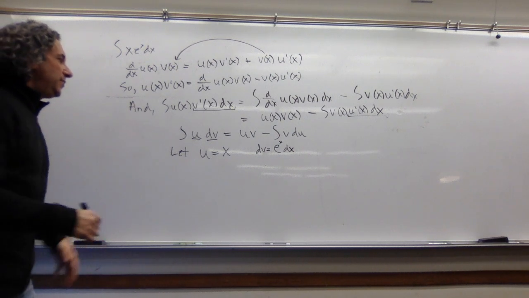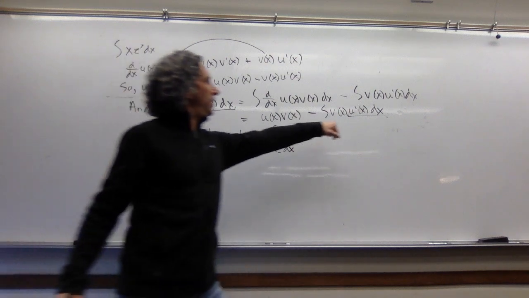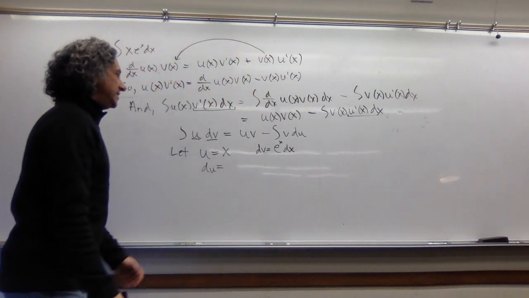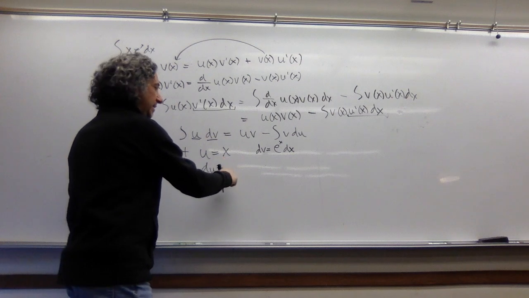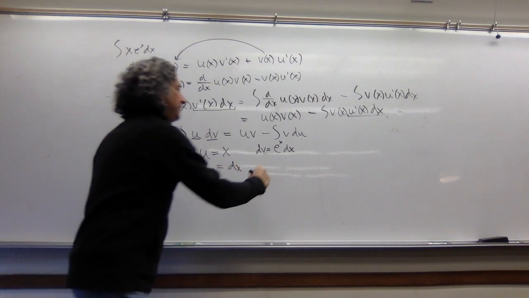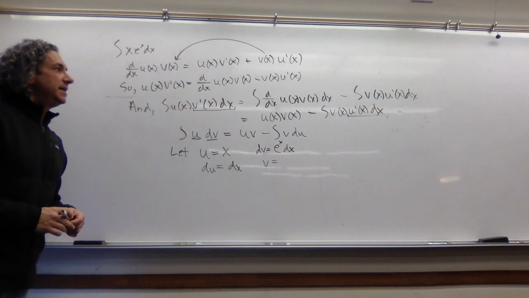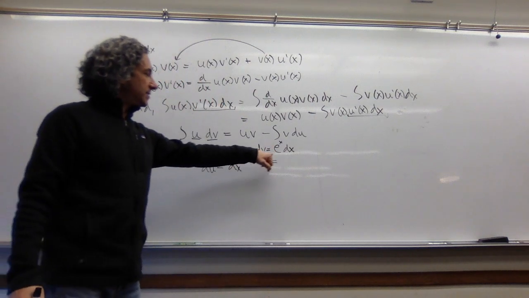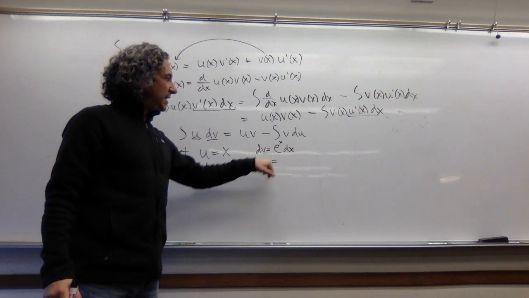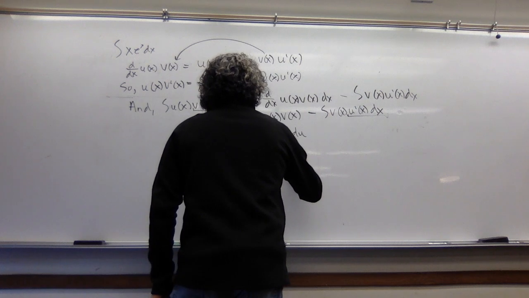Then once I do that, du is u prime of x dx. So in this case, it's 1 dx, or just dx. And if dv is equal to e to the x dx, then v is going to be my antiderivative, or e to the x.